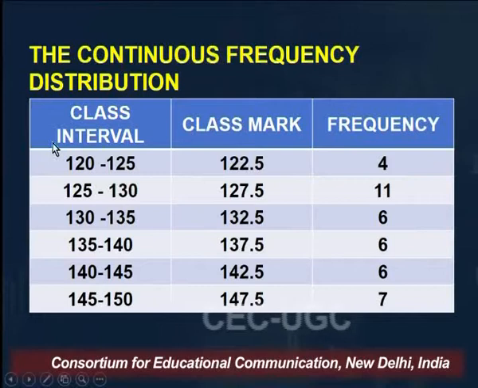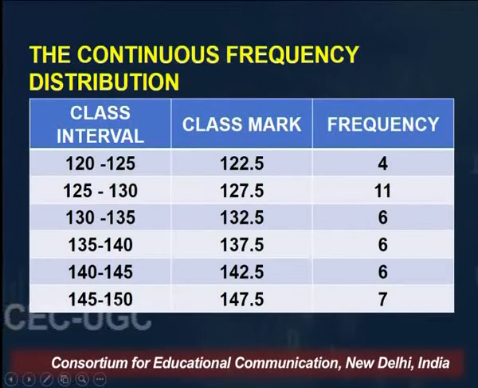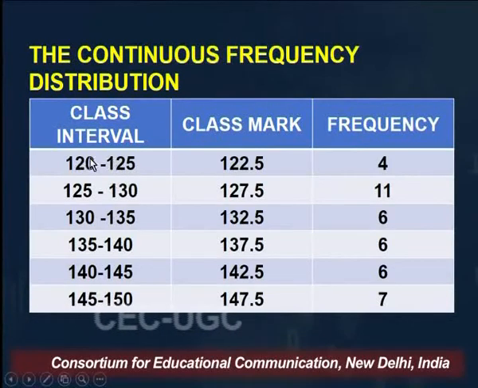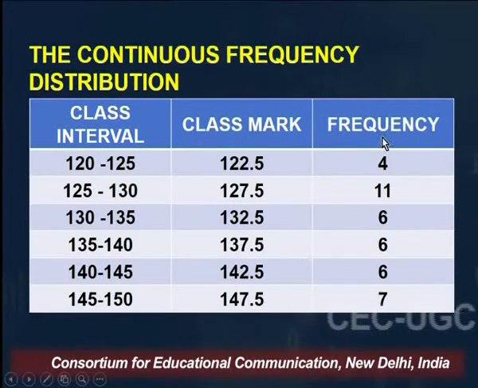So, see, this is the kind of data that we have. Here I am going from 120 to 125, frequency is 4, then 11. That means I am looking at the class marks here. This is what we are going to plot on the x-axis, and this is what we are going to plot on the y-axis. But as I told you, before this 120 to 125, if there had been a class interval, it would have been 115 to 120, and then the class mark would have been 117.5, and I would put the frequency as 0 there.